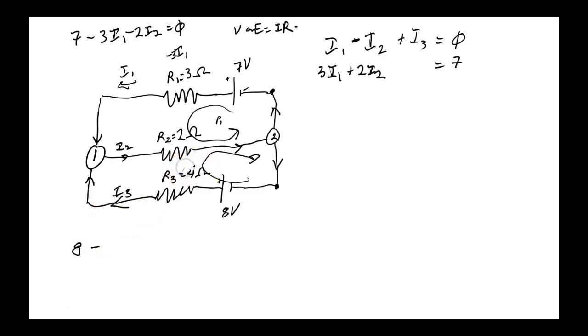No, this one is, you're going to get to that, no, cross them up. R3 is 4. Yeah, minus 4 R3, I3, I'm sorry. Next.